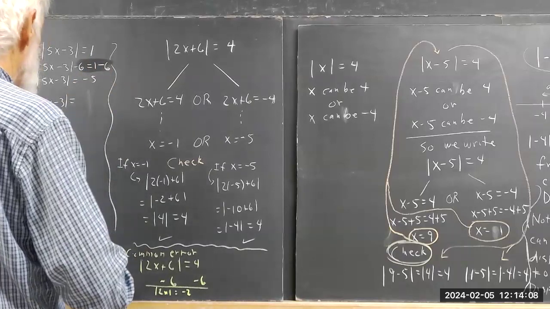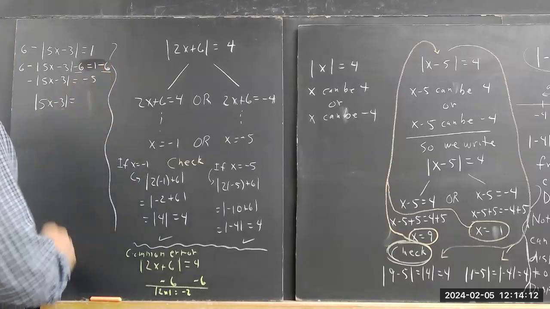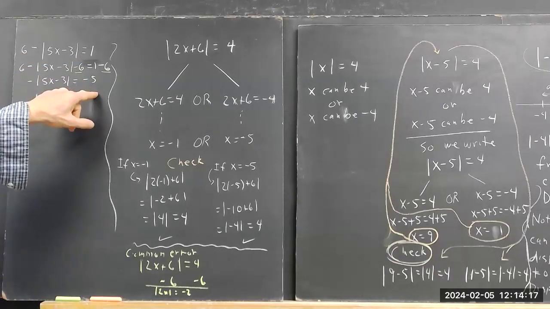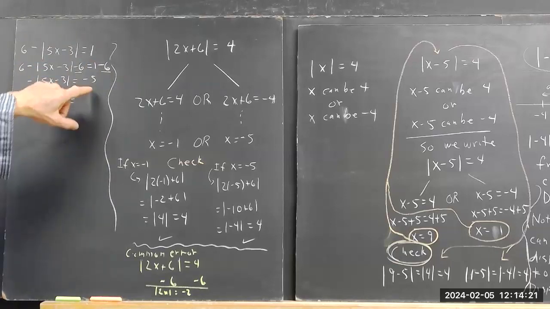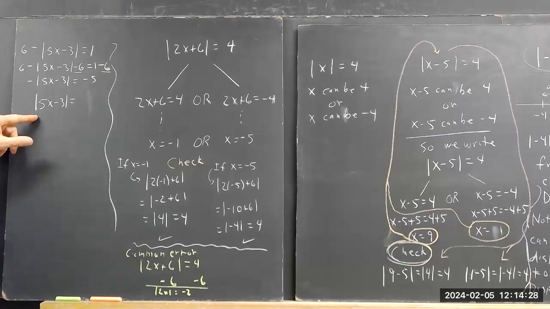Okay, so now I've got a -6 on this side, I've got a -6 on this side. 6 minus 6 is 0, so I get negative absolute value 5x minus 3. 1 minus 6 is -5, so I get negative 5. Now, how am I going to get the absolute value of 5x minus 3?